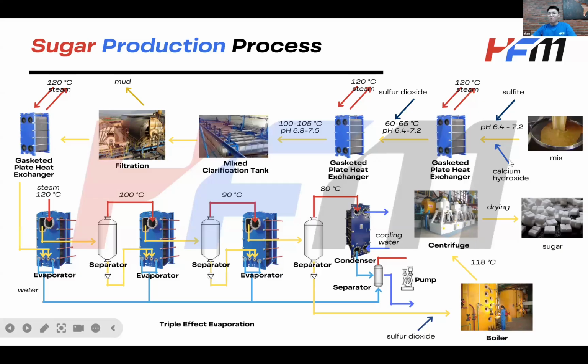In the first step, we add calcium hydroxide, also known as milk of lime, to create an alkaline environment. This is called the alkalization process. It stabilizes the quality of the juice because impurities like protein, fats, or pectin react with the lime to create compounds that are removed from the juice.